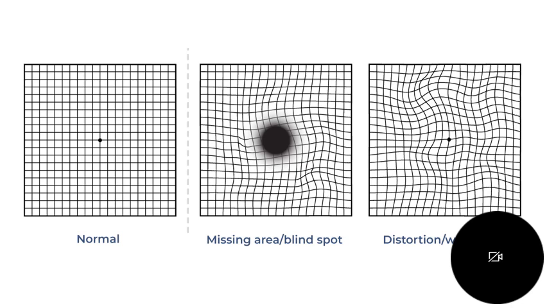If the problem is with the optic nerve, the patient will not be able to see colors very well. If the problem with someone's vision is the retina, specifically the center of the retina called the macula, have them look at the Amsler grid. If they are noticing a dark spot or a missing spot or the lines are wavy, that means the problem is in the retina.